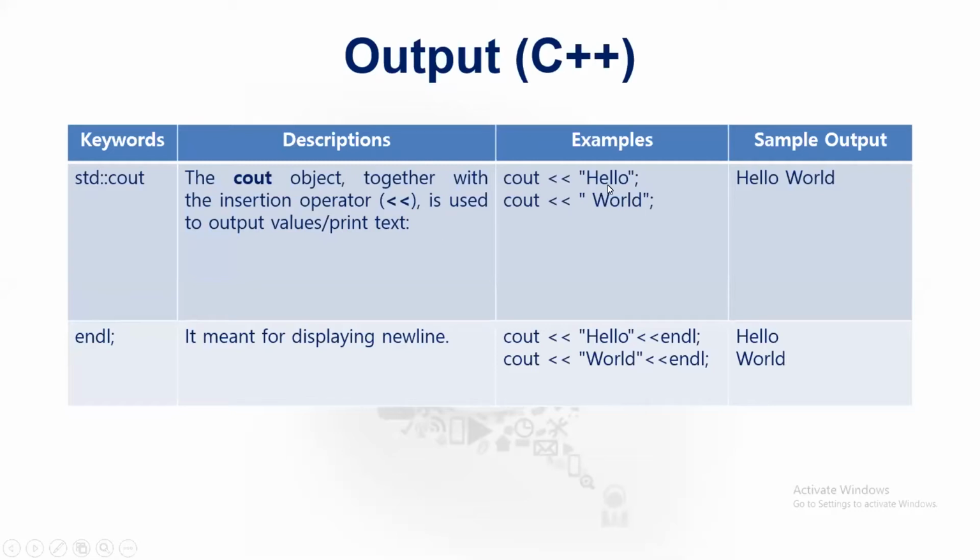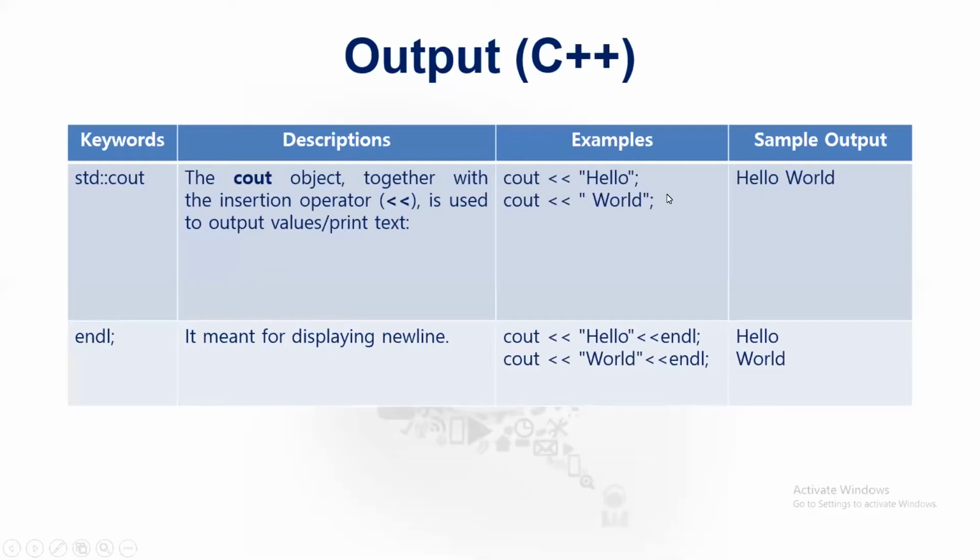This is the cout instruction. If you want to print a message called hello world, you write cout and two arrows, which we call the insertion operators. Then, because this is a string type, you need to put double quotes.